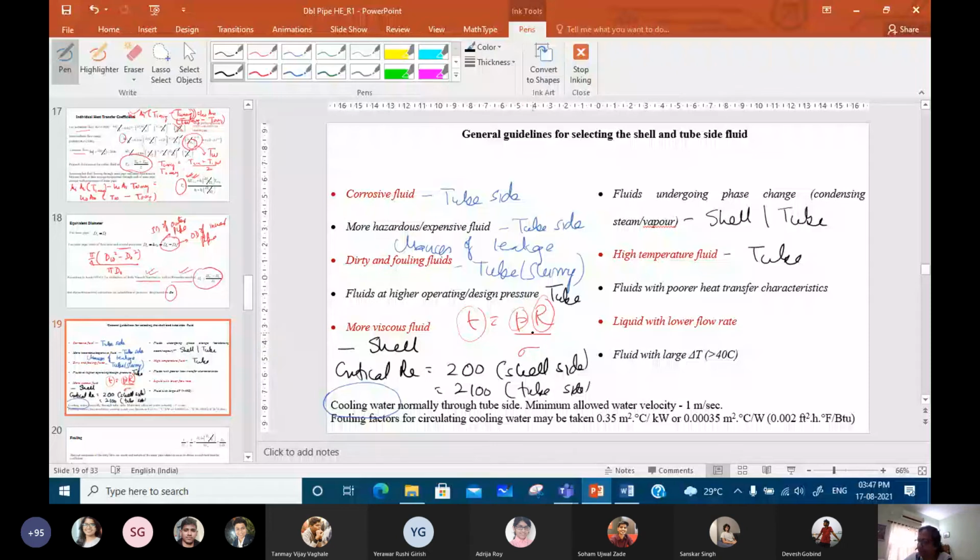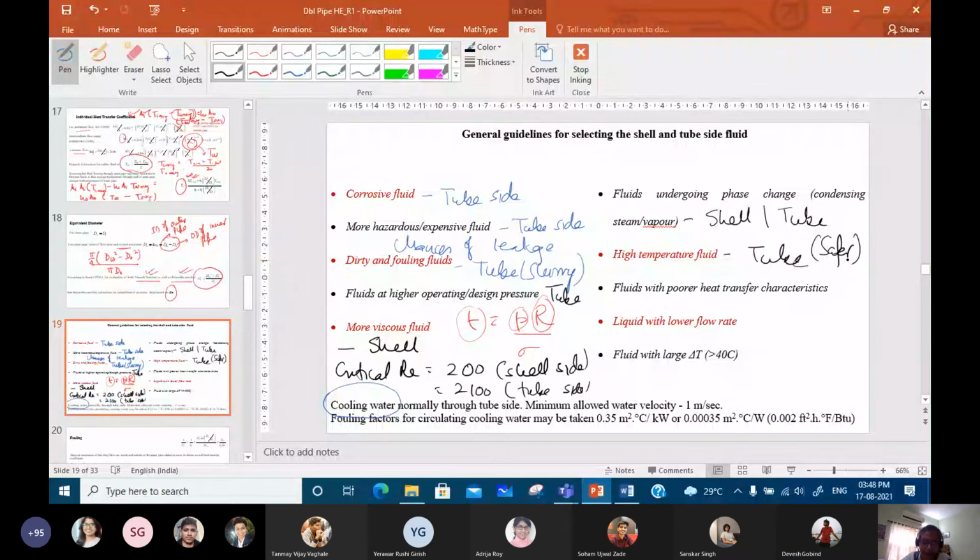If you are going for a higher temperature fluid, then the sigma is lower, so it can withstand a lower pressure, or in other words it will require a higher thickness. Yes, ma'am. So for a safer operation, putting it on the tube side might be something good. Just give a thought to it.